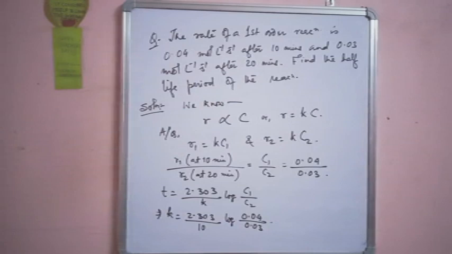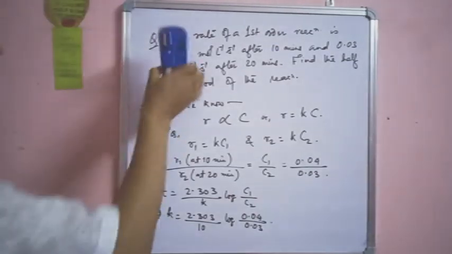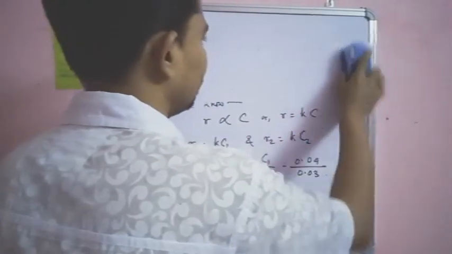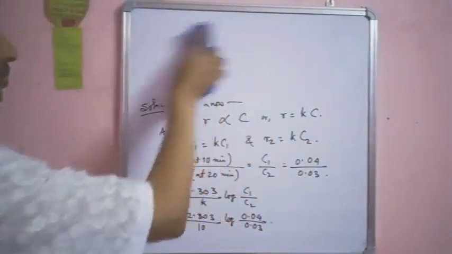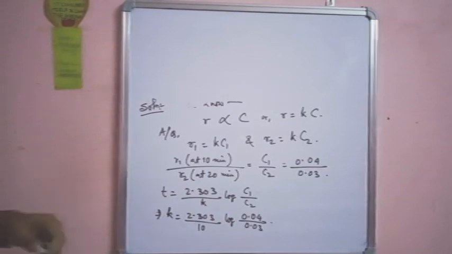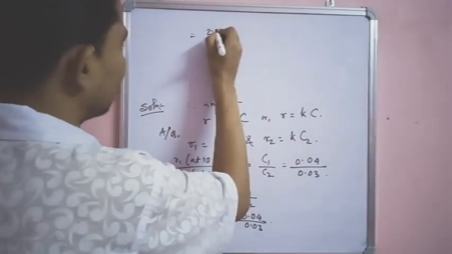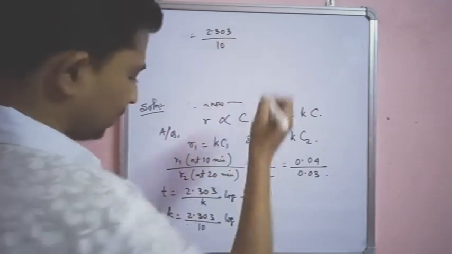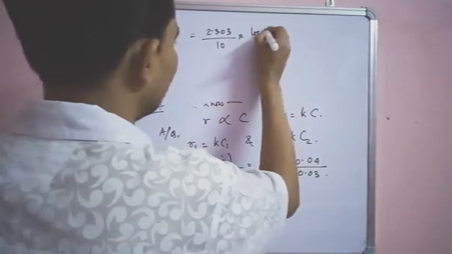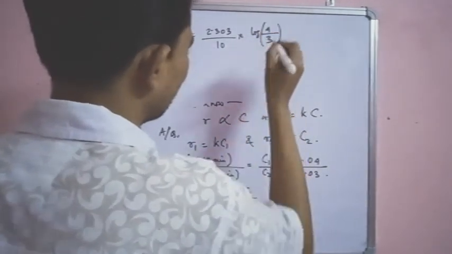Okay, so K is equal to 2.303 by 10 log of 0.04 by 0.03, which is coming as log of 4 by 3.